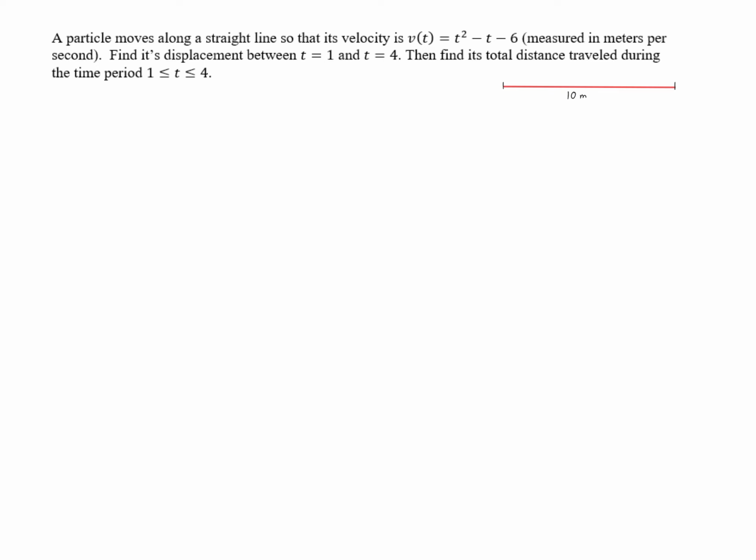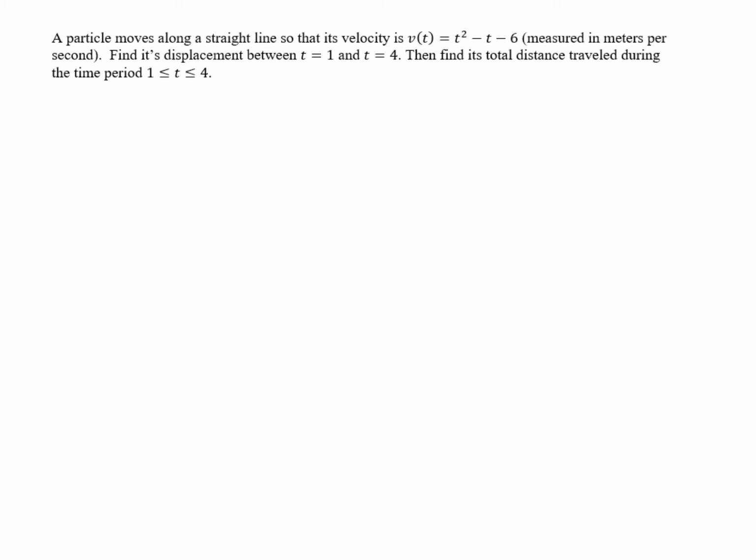We're going to do both of these for this problem, and you're going to find that the first part is much, much, much simpler. So let's ignore the person and these 10 meters, and let's go back to this particle and this velocity function.